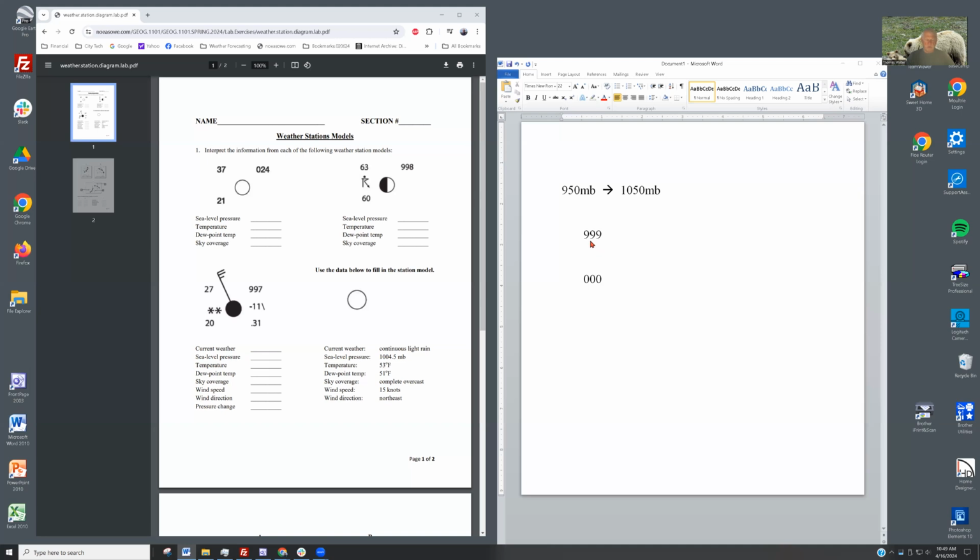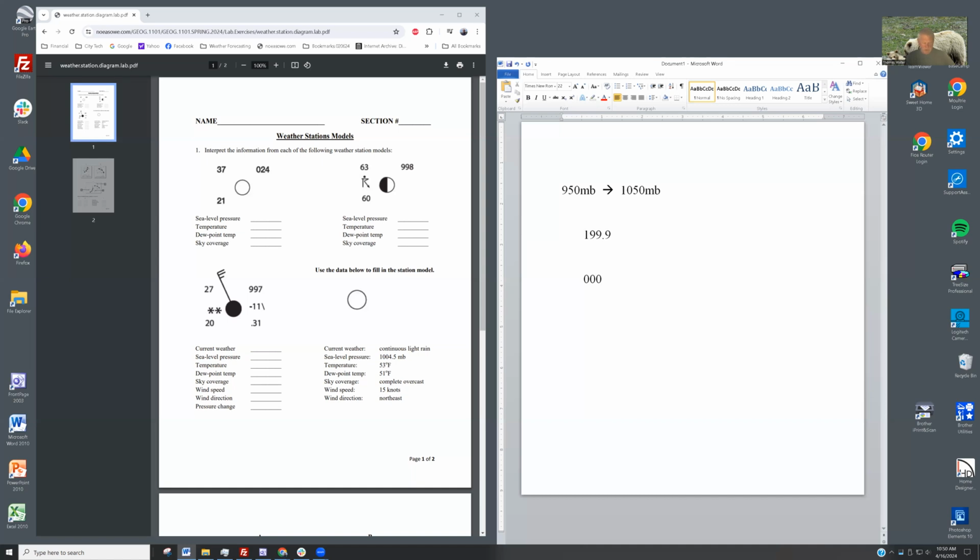So let's say that you had a weather station symbol that had three numbers, 999. The first thing you have to do is insert a decimal point in the rightmost column. Then you have to decide whether to put a 10 or a 9 as a prefix so that the resulting number falls in this range.